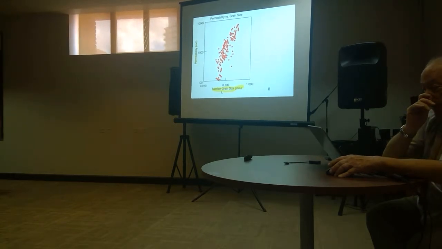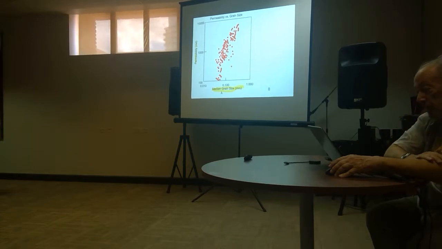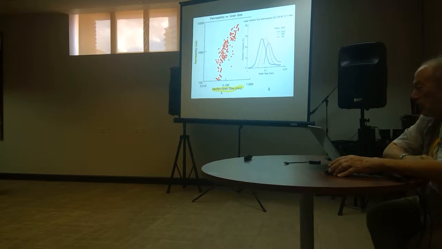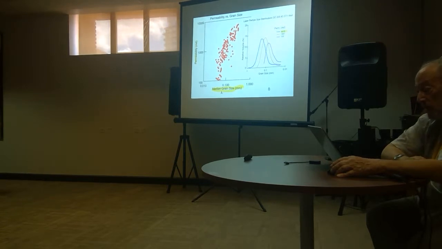And how that can be explained by the grain size distribution, where here I'm showing three histograms, three frequency plots of three different samples. One sample had a permeability of 5,078 millidarcies, another one 1,957, and another one 102 millidarcies permeability.